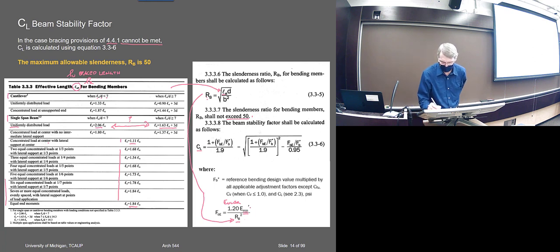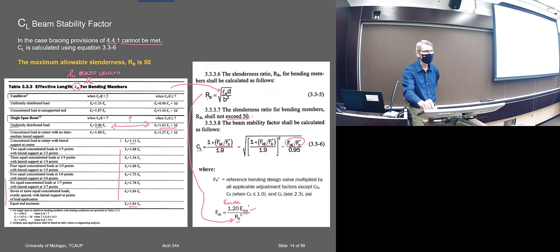And that's the E that you have to use in the buckling. So you get that, and that goes up in this ratio. You make that, which gets repeated 3 times, and run that equation, and that'll come out with CL. So that's a stability factor.